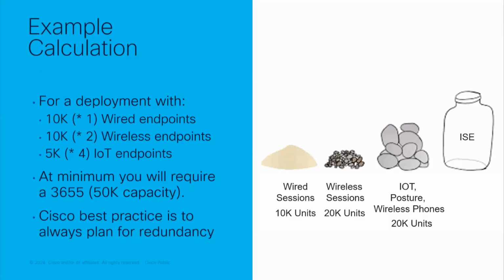So what we see with something like that is because these devices move, because there's essentially a reestablishment of that session every time that wireless device moves from AP to AP, we have to account for a little bit more in terms of what it needs in terms of resources for its capabilities to authenticate against ICE and what ICE can handle there. So when we look at this, we assign typically 2 units to Identity Services Engine for a wireless endpoint.